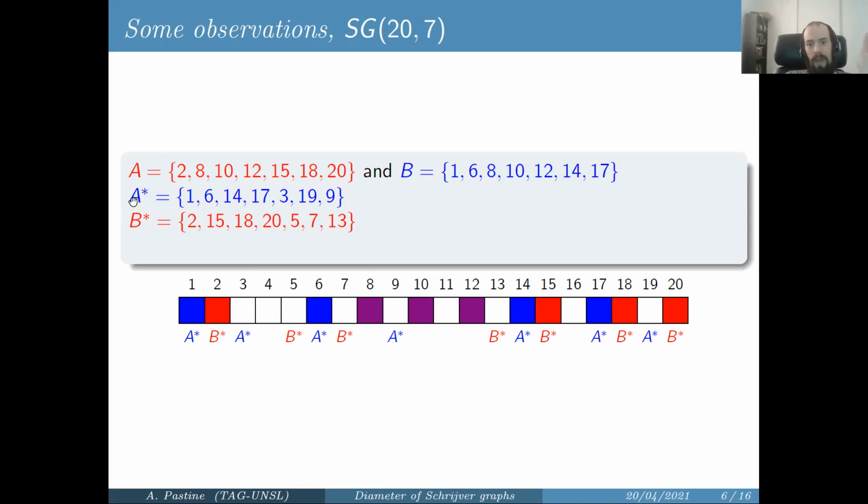So now A star is adjacent to A because they are disjoint, B star is adjacent to B, and we are lucky enough, A star and B star are neighbors of each other because they are disjoint as well. So here the distance between A and B is at most 3.